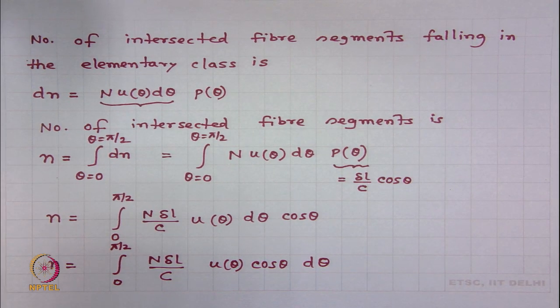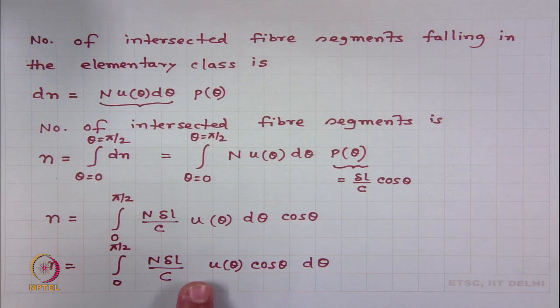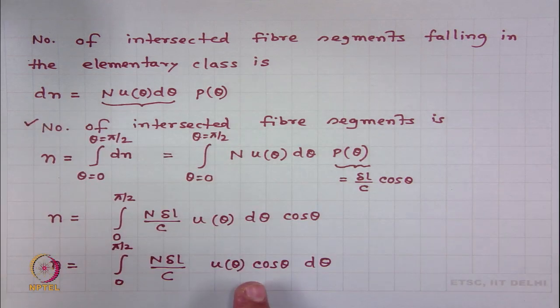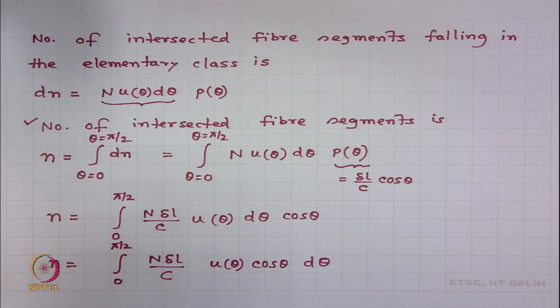So, this is the total number of intersected fiber segments. Here N delta L by C is a constant, so it can come out of the integration.